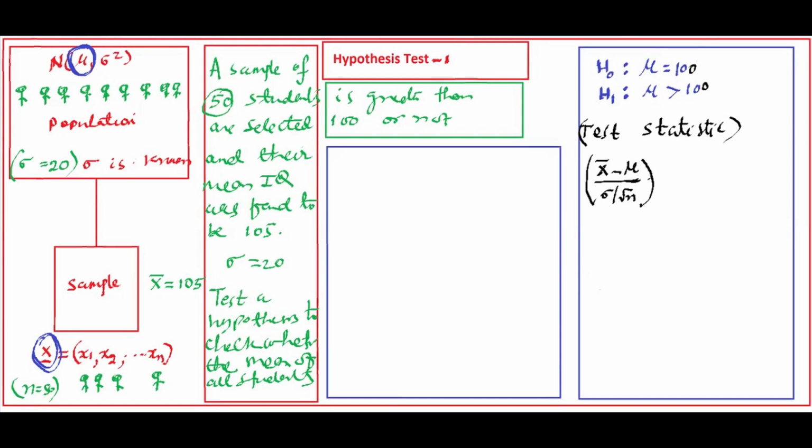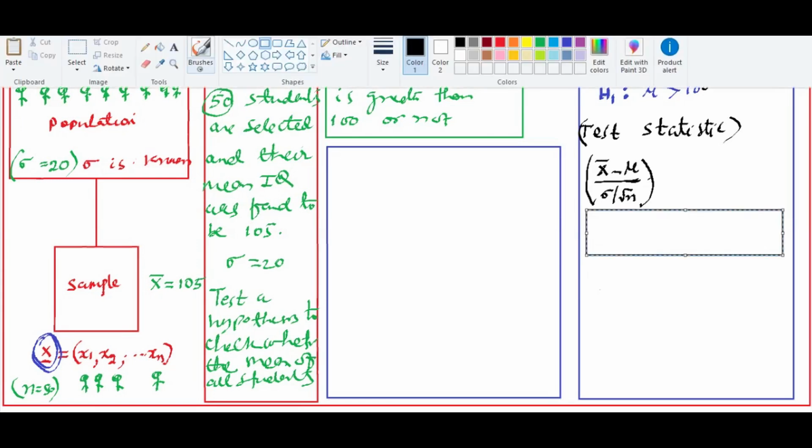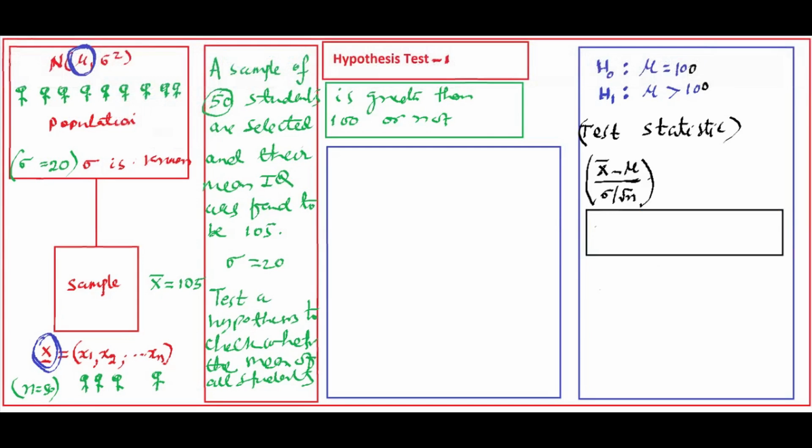Under H naught, assuming that H naught is true, we'll try to find the test statistic. Under H naught, that means you accept that this is true. We find the value of the test statistic: x bar minus mu divided by sigma upon root n. Put everything here.